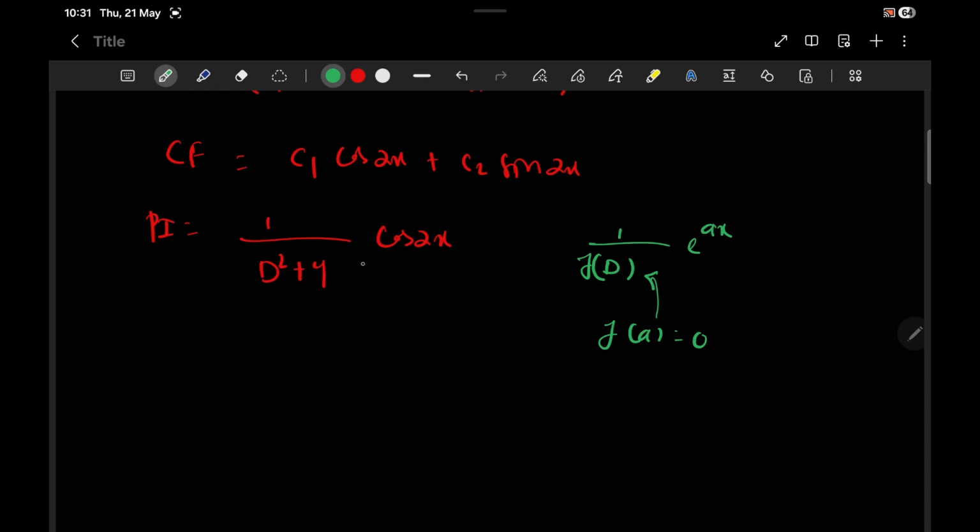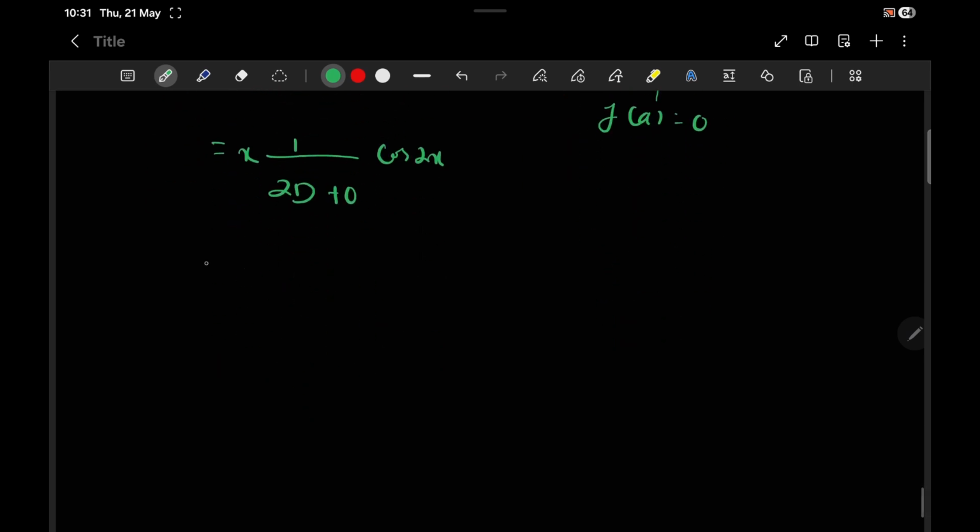So let's take the derivative of d square plus 4, that is 1 by 2d plus 0, the derivative of 4 is 0, and x into cos 2x, right? So we have x times 1 by 2d cos 2x, that is x by 2, 1 by d cos 2x.